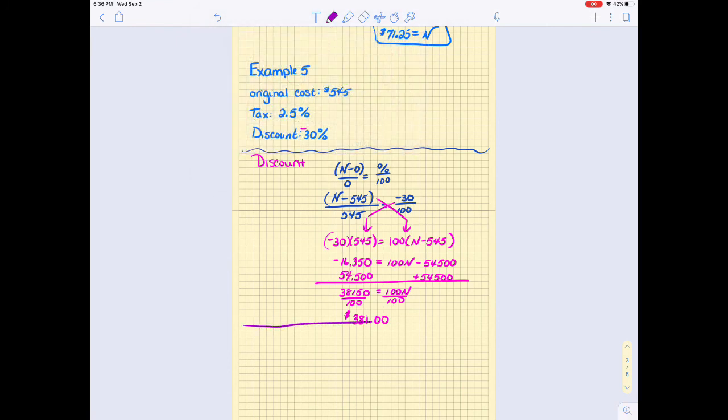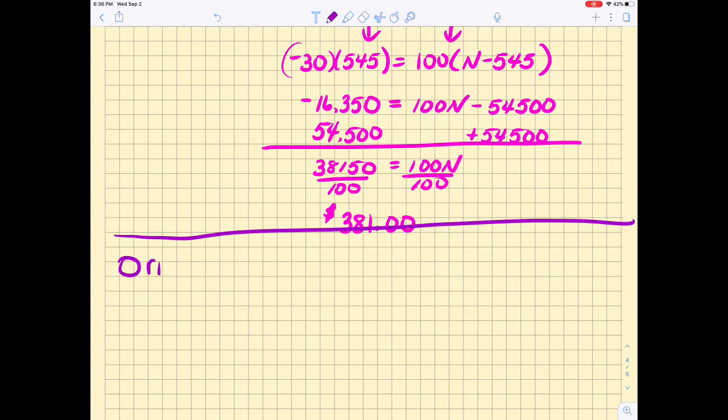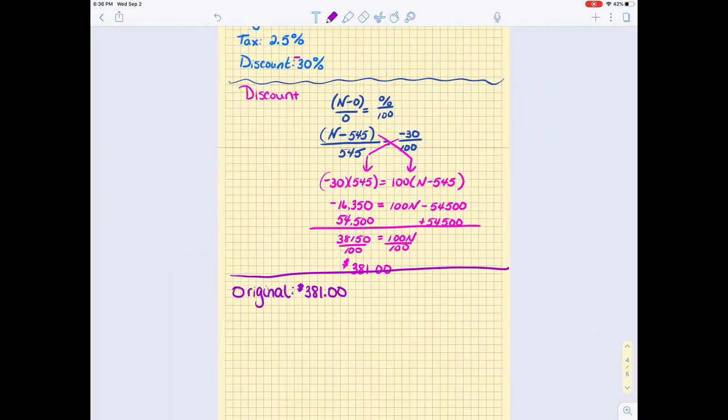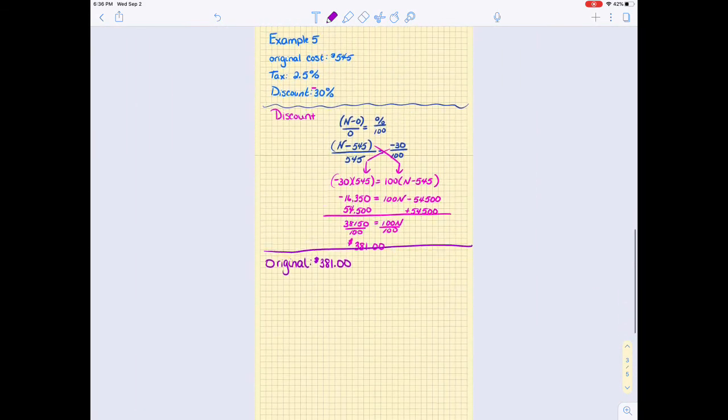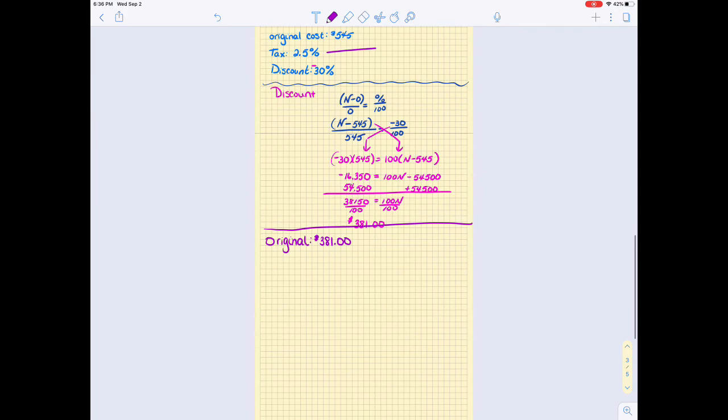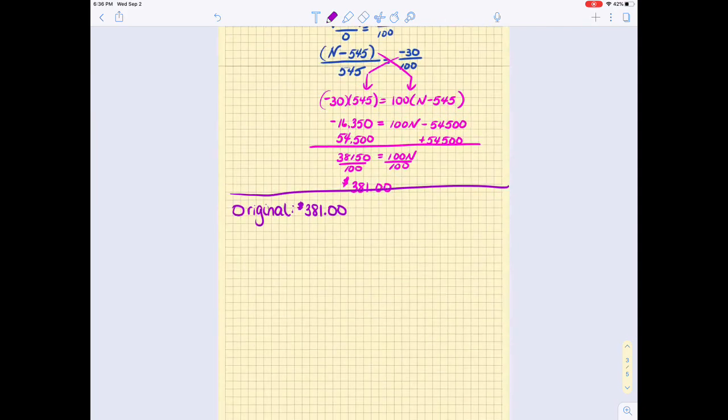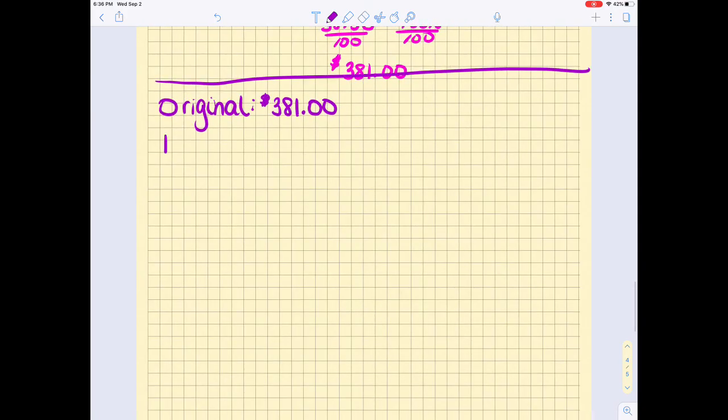So now I'm going to say the original price before tax is going to be $381. The tax that I told you from above is 22.5%. Now remember, if we're dealing with tax, we're dealing with adding to it. So our tax, our percent change, is a plus 22.5%.